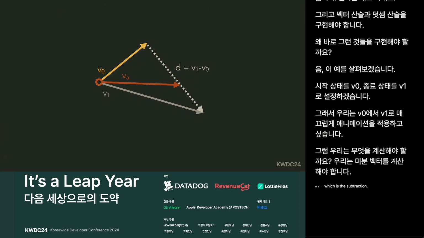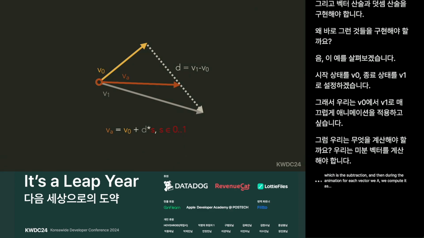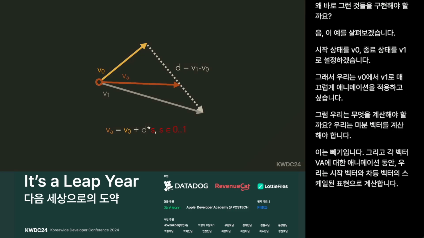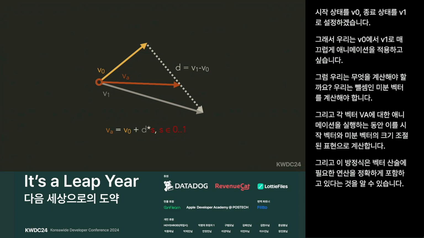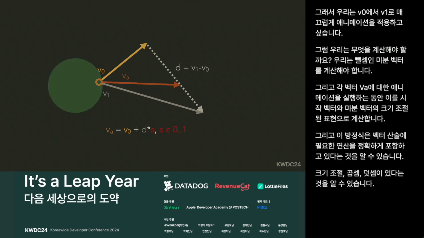And then during the animation for each vector VA, we compute it as a starting vector plus a scaled representation of the differential vector. And you see that this equation exactly covers the operation required by the VectorArithmetic. You see there is scaling, there is multiplication, there is addition.